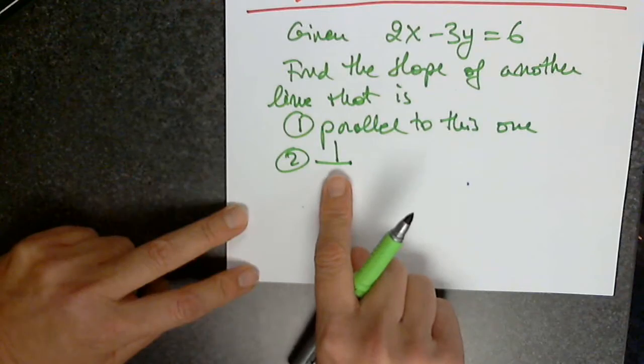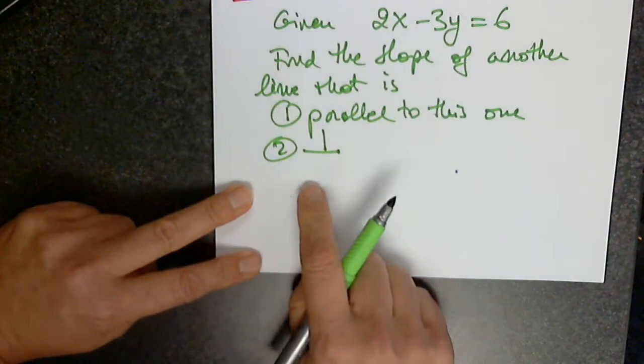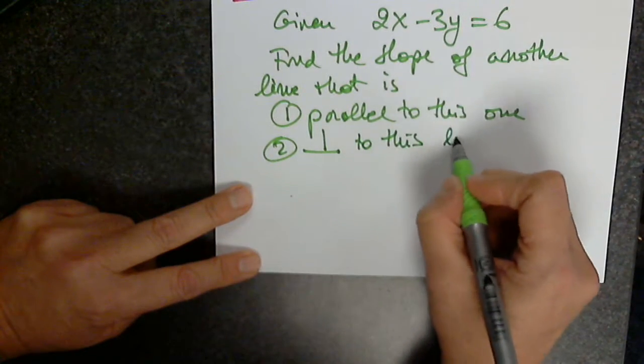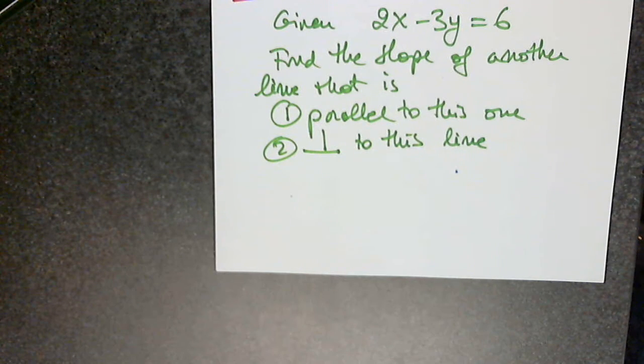This is a sign for perpendicular. Just for simplicity, I'd rather use it than write a whole word. To this line. So I'm given an equation and I'm told, find the slope of a line that would be parallel to this one and the slope of another line that would be perpendicular to this one. What do I have to find?